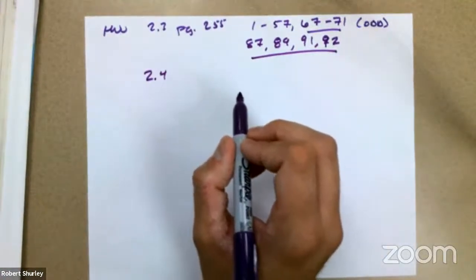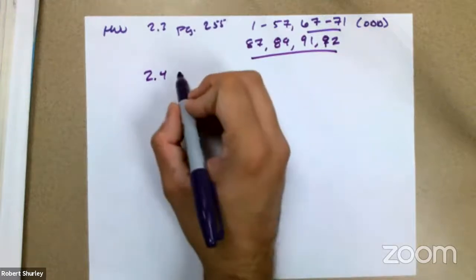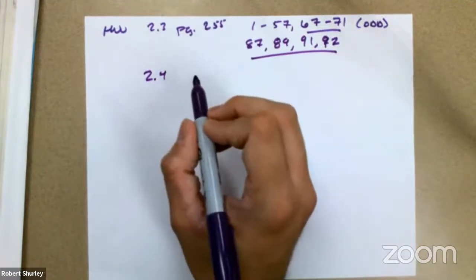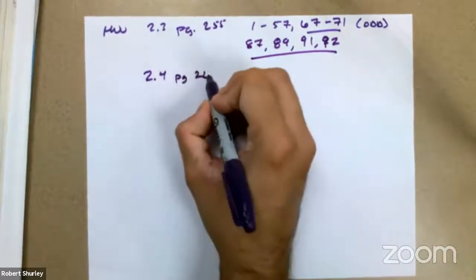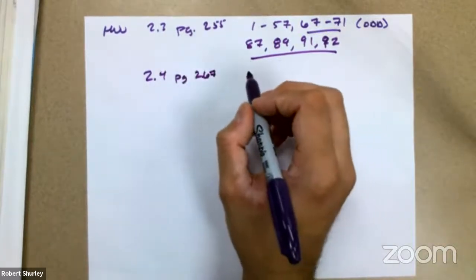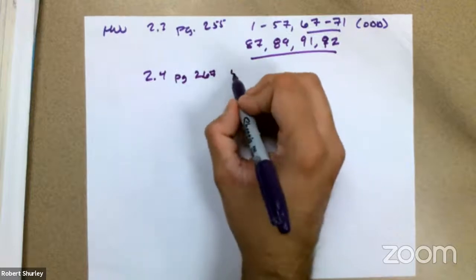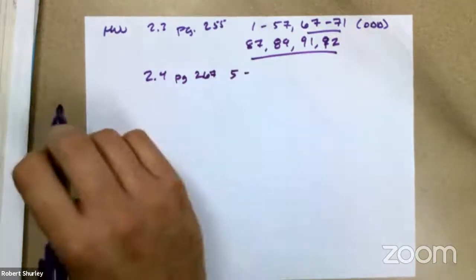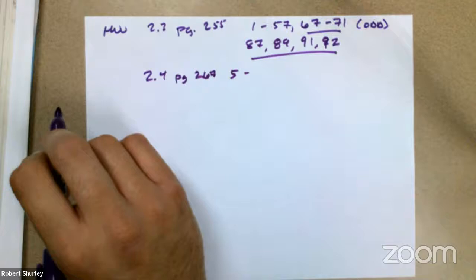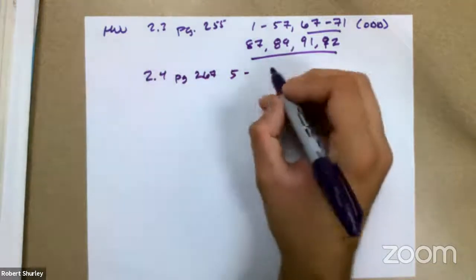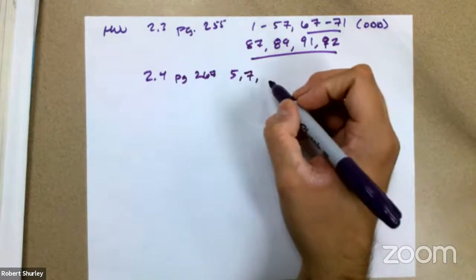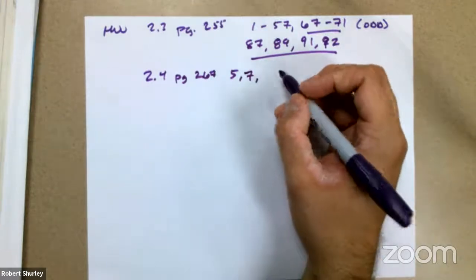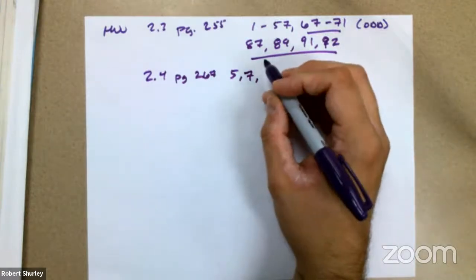2.4, which is on page 267. Five through 7. They just don't ask a lot in this one.